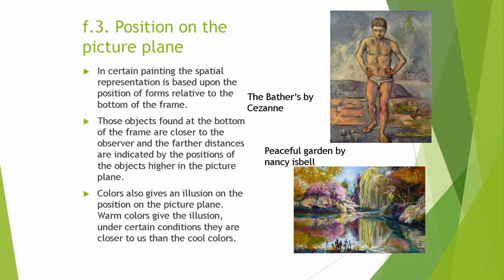So, mas malapit daw para sa mga viewers ang mga object kapag nasa lower part of the picture siya, at habang mas malayo naman daw sa viewer ang mga object kapag nasa upper part daw siya ng picture. Colors also give an illusion on the position of the picture plane. Warm colors give the illusion under certain conditions that they are closer to us than the cool colors.